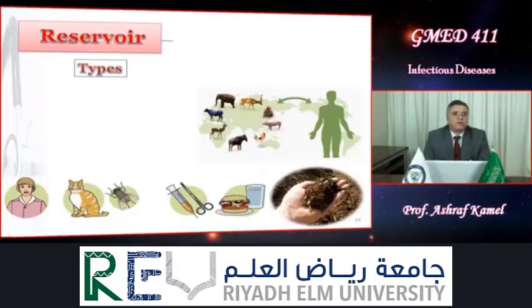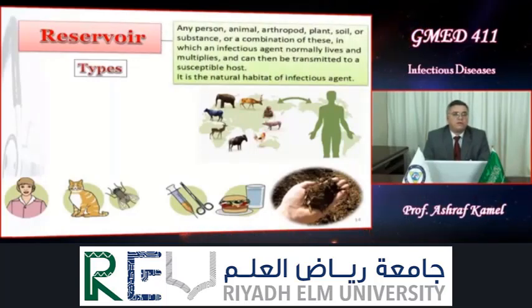The reservoir. Types of reservoir. The reservoir is any person or animal or arthropod, insect, or a plant or soil or substance or a combination of all these in which an infectious agent normally lives and multiplies and can then be transmitted to a susceptible host. It is the natural habitat of infectious agent. Types.